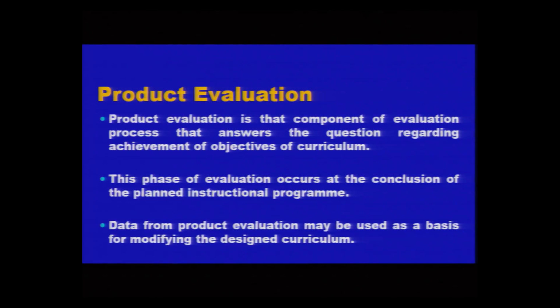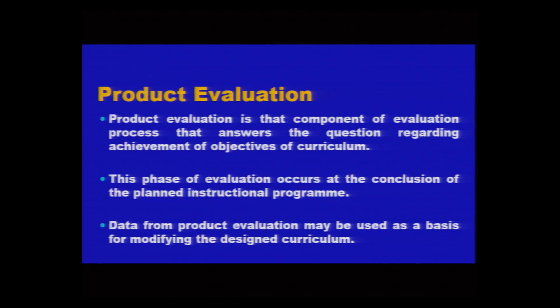Product is not that if we are admitting 300 students and 300 students are going out from the institute, then all 300 will be your product. Product is those students who actually got employment.